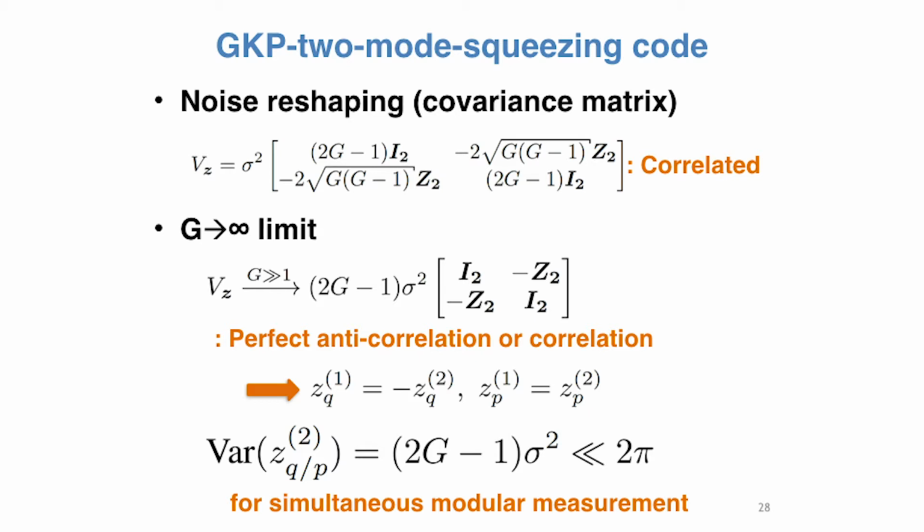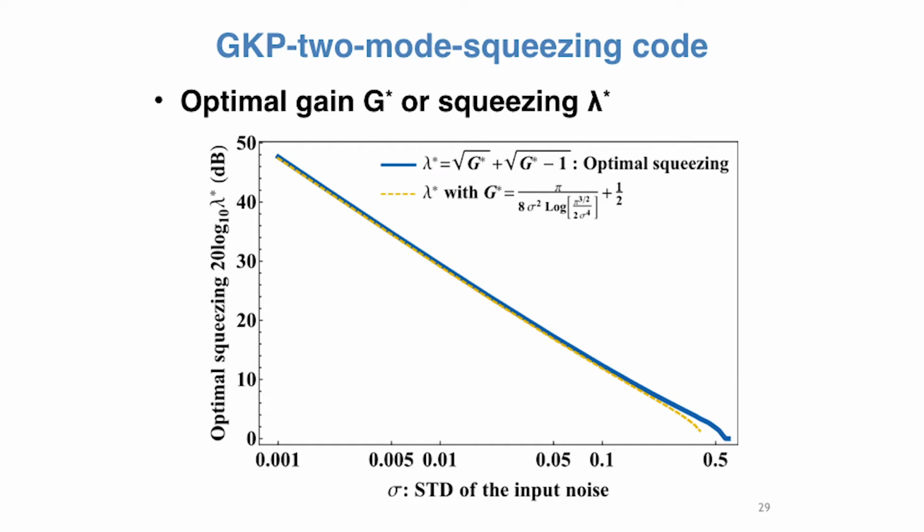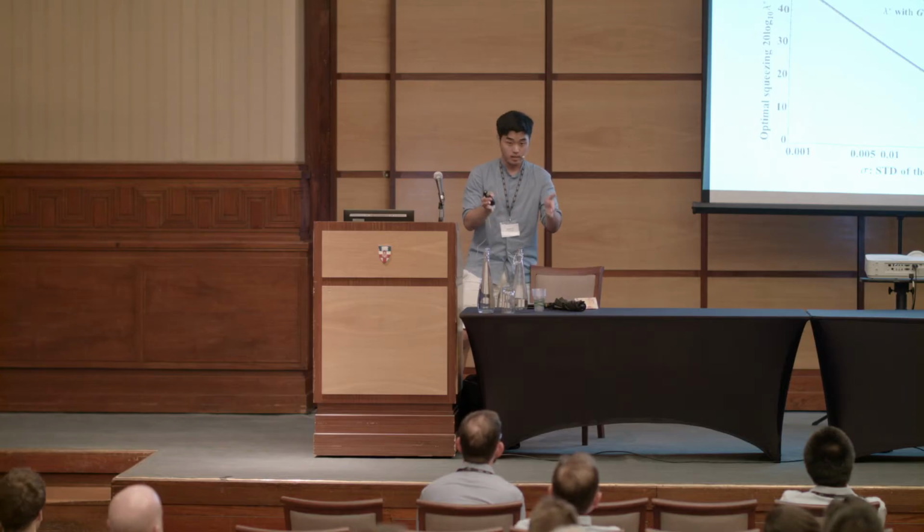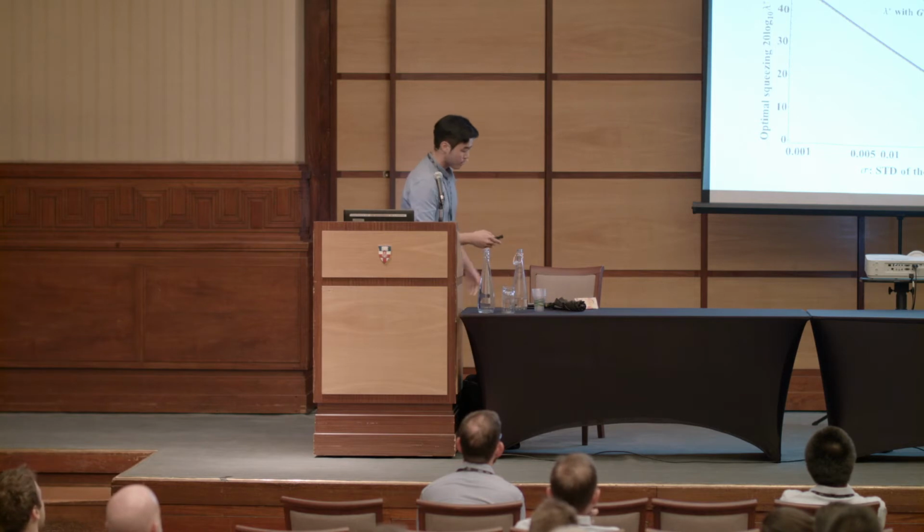So there can be some optimization that we can do on this squeezing parameter. Intuitively, if we start with something very small, we can amplify it further until we reach what we can measure, the square root 2 pi. And if we start with some large noise, we cannot amplify too much because then the errors exceed what we can measure.